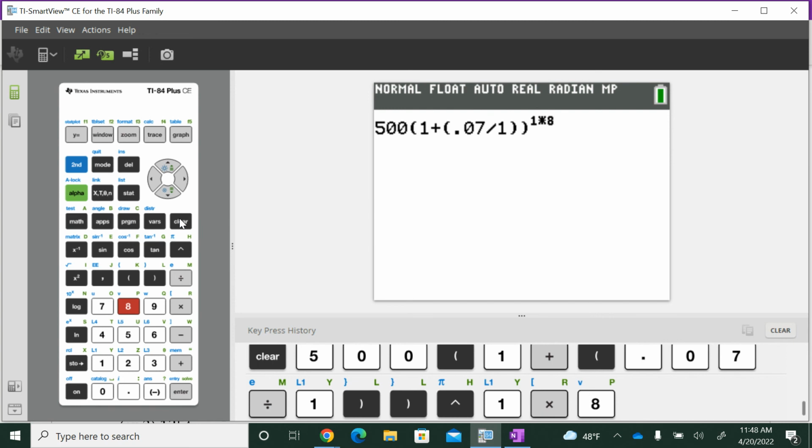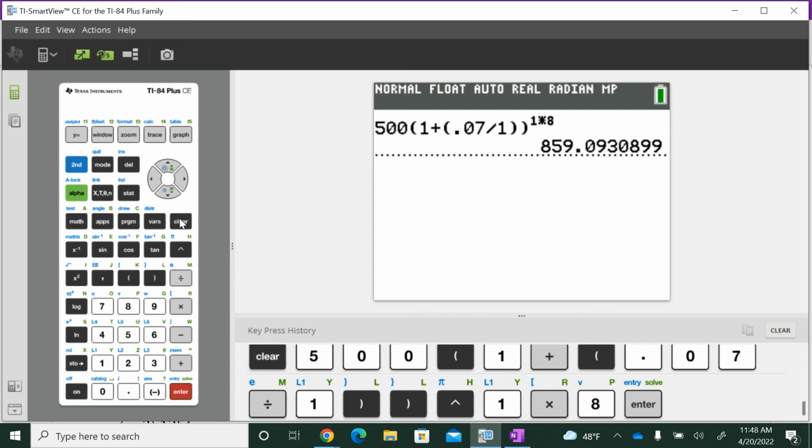Now, some of you obviously know 0.07 divided by 1 is 0.07, and 1 times 8 is 8. But for the sake of the problem and how you'll plug in other things that aren't 1, I just want to show you the setup in your calculator. And then that will give you your answer.